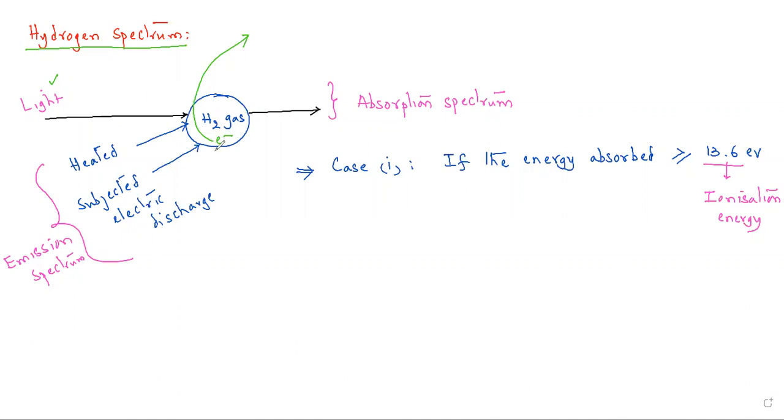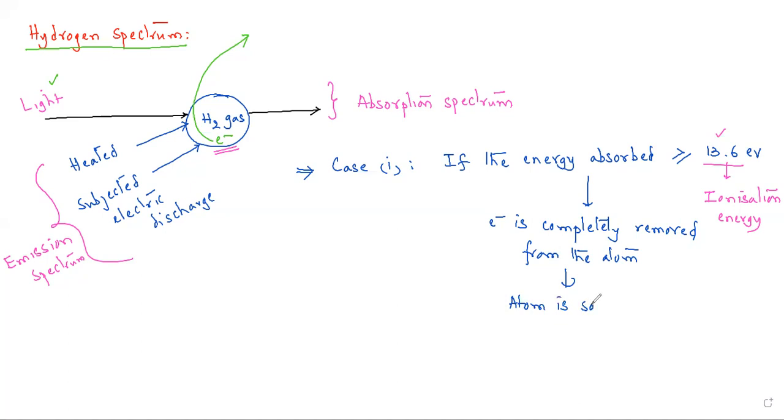Now, if electrons absorb energy equal to or greater than this, then obviously the electron just goes out because you have given its ionization energy. Then what do you get? Yes, if the energy supplied is greater than or equal to 13.6, electron is completely removed from the atom, and then atom is said to be ionized.